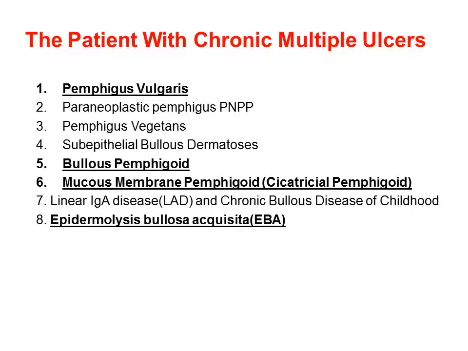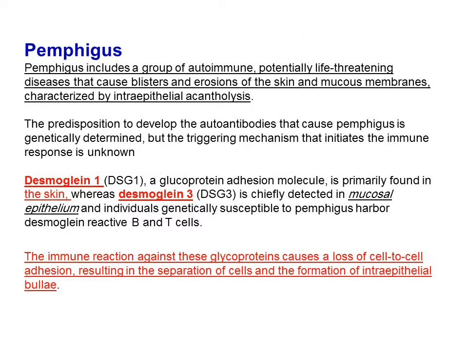These are pemphigus vulgaris, paraneoplastic pemphigus, pemphigus vegetans, subepithelial bullous dermatosis, bullous pemphigoid, mucous membrane pemphigoid, cicatricial pemphigoid, linear IgA disease, chronic bullous disease of childhood, and finally epidermolysis bullosa acquisita. We will start with the pemphigus.